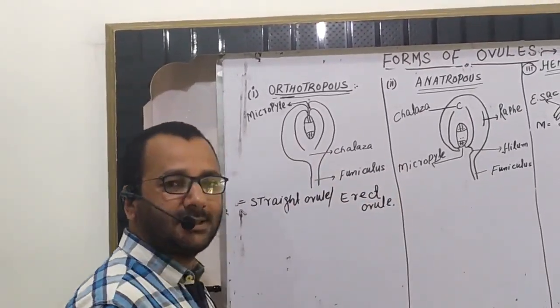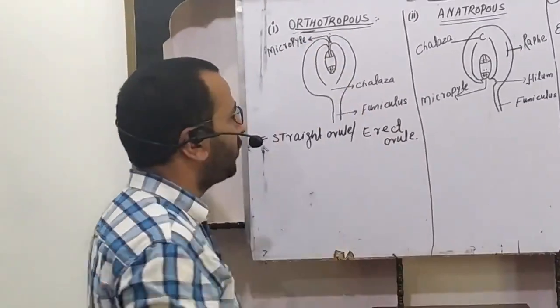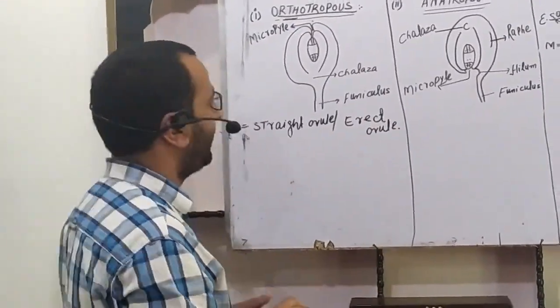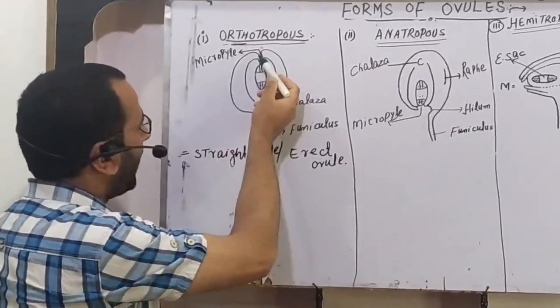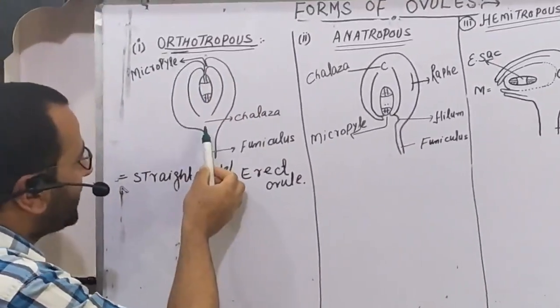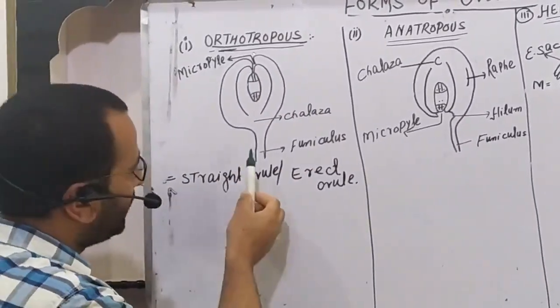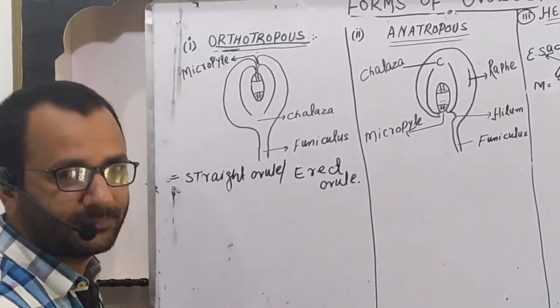If we see the structure of this very ovule, we can see over here, this is micropyle, this is the chalaza, and this is funiculus of an ovule.